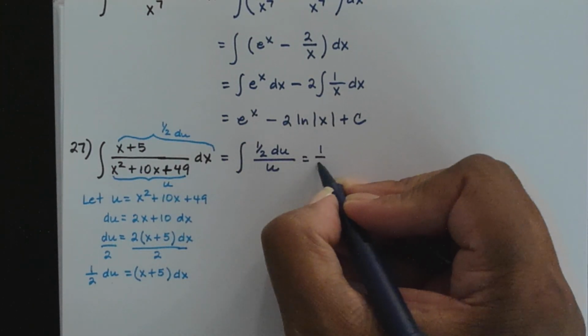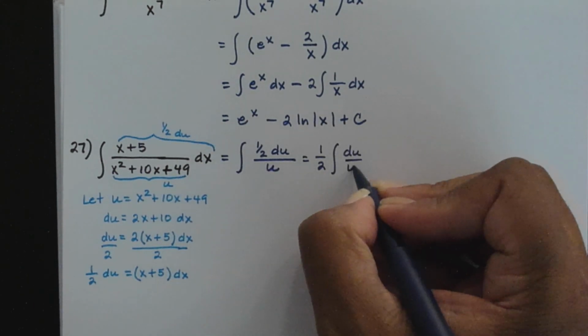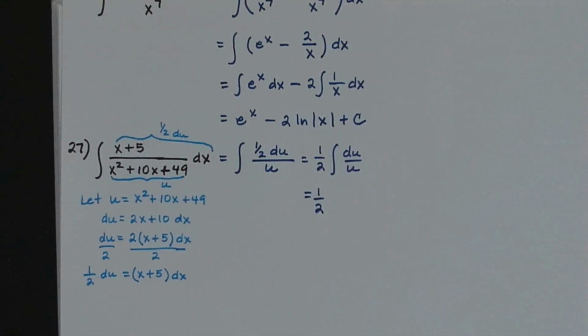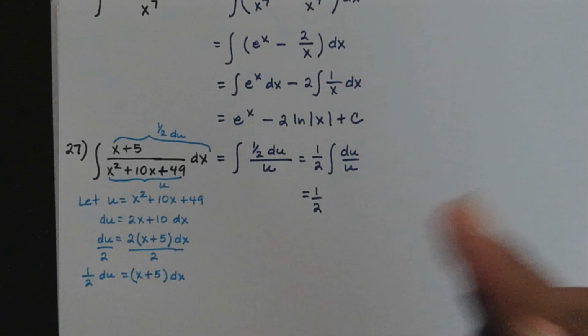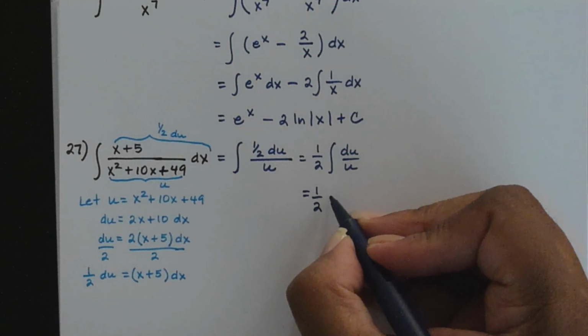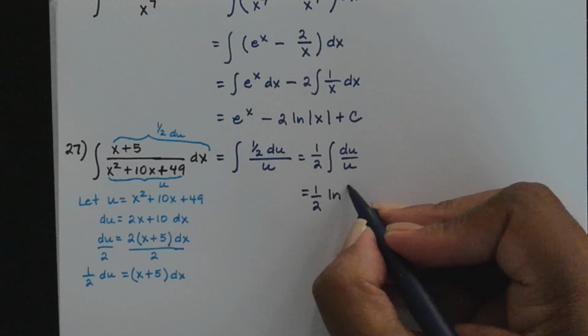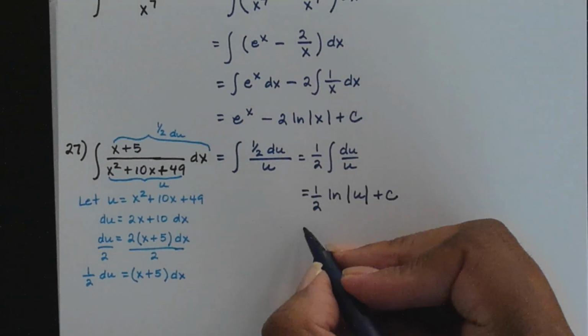But I can pull the 1/2 in front, so it'll be 1/2 times the integral of du over u. And what would be the integral of du over u? Anyone? Would that be the natural log of the absolute value of u, and then plus c?